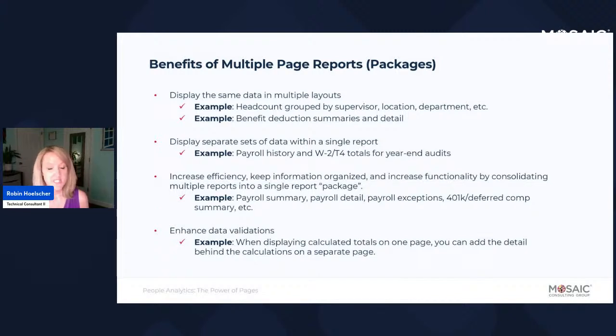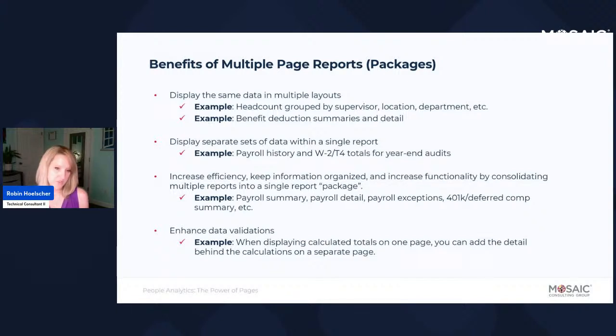So displaying separate sets of data within a single report. And in this example, we're talking about having payroll history, and maybe you're doing a year-end audit. And you want to make sure that your year-end forms, your W-2s, your T4s, those totals actually reconcile back to your payroll history.